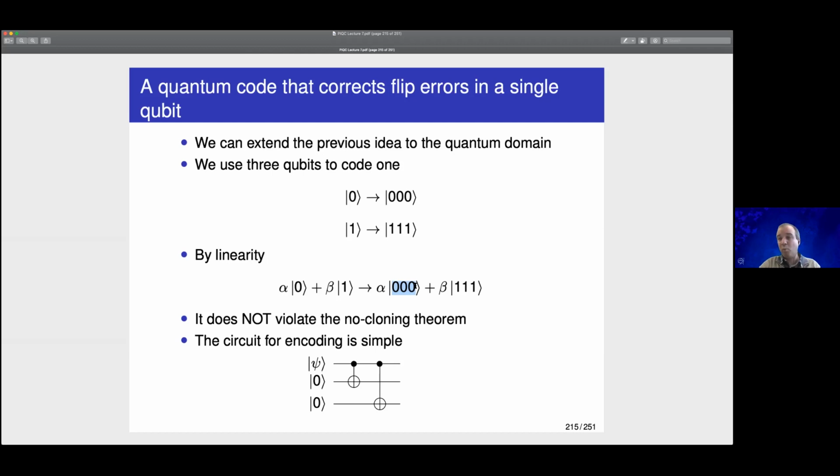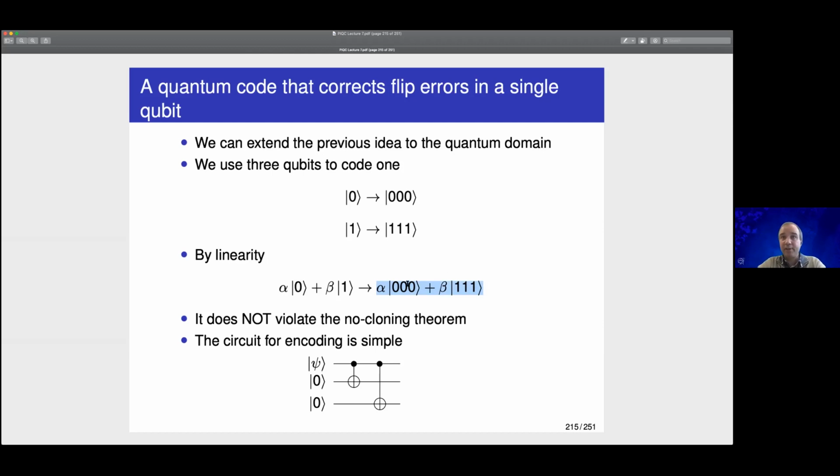This is where one of the problems or objections that I mentioned at the beginning manifests itself. The idea that, well, if we measure now this encoded state, then we destroy the information that we have.